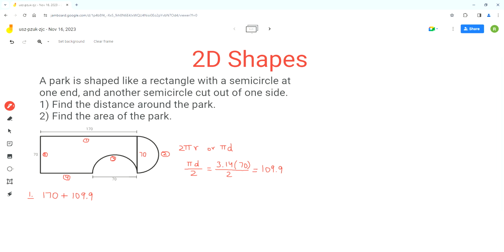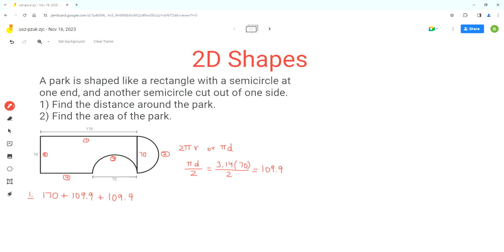Now we can analyze the third part of the distance around the park. The third part is also a semicircle which has the same diameter, so it will be another 109.9 units. Plus, now we have to find the distance of the fourth part. The length of the fourth part will be equal to the length of the rectangle minus the diameter of the semicircle.